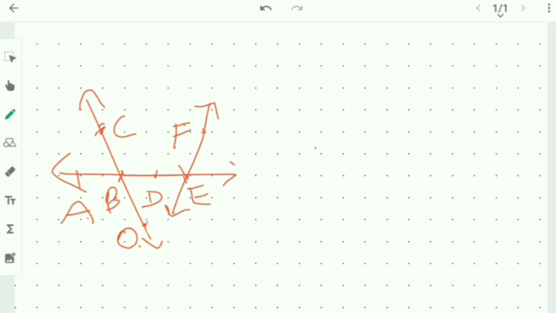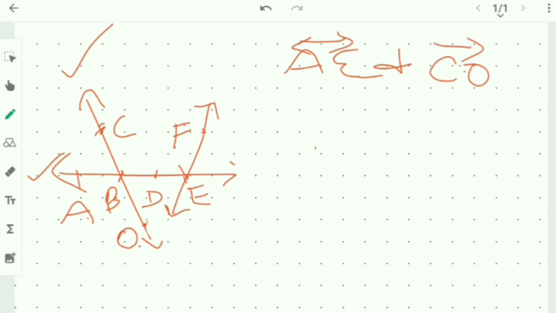Okay, the next subdivision is two pairs of intersecting lines. There are two pairs of intersecting lines, this one and this one. So you will be writing it as AE and CO. These are one pair.